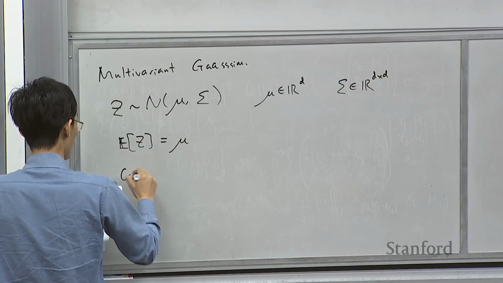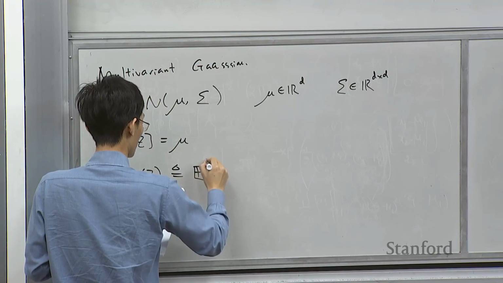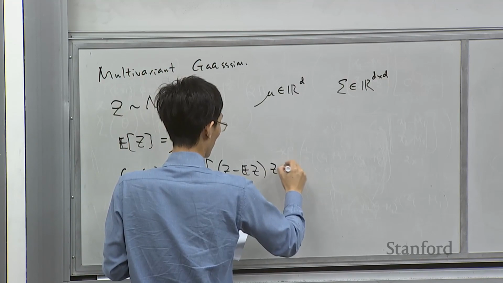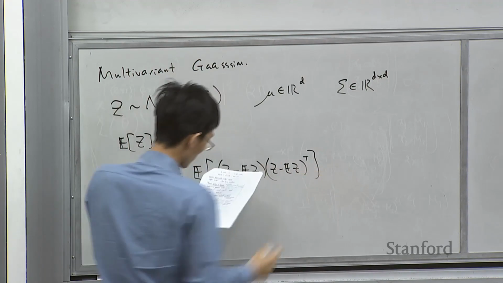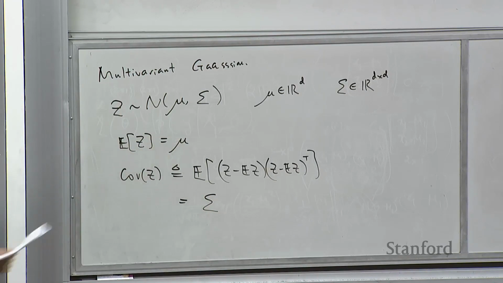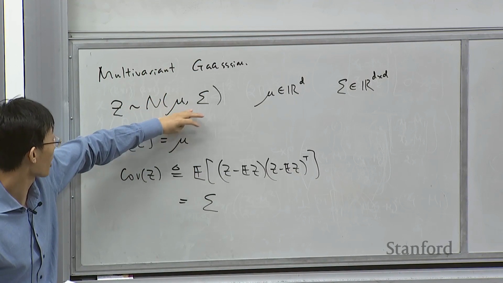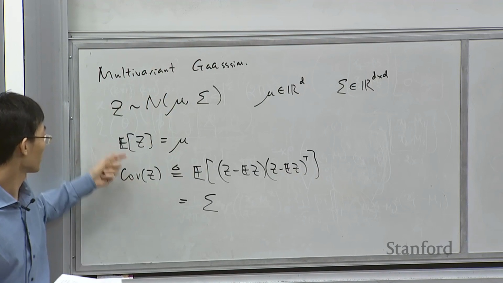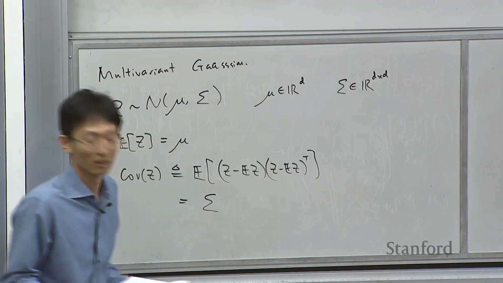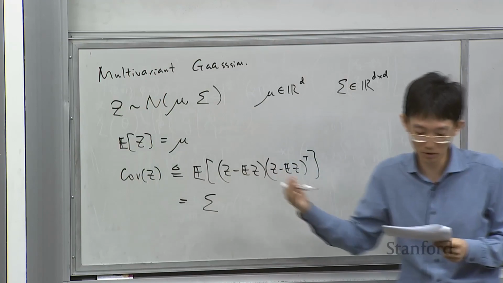And the covariance of the random variable z, defined to be the expectation of (z minus expectation of z) times (z minus expectation of z) transpose, is the covariance matrix. So this is how you generate z from this Gaussian distribution parameterized by mu and sigma, and the resulting random variable z has these two properties: the mean is mu and the covariance is sigma. You only need these two sets of parameters to describe a Gaussian distribution uniquely.